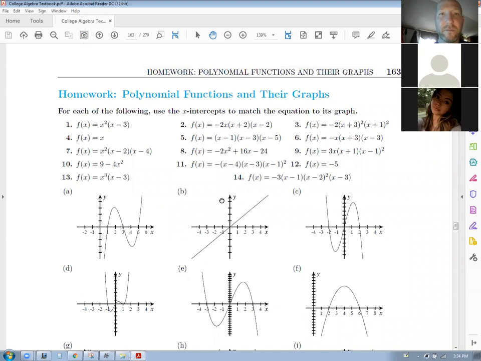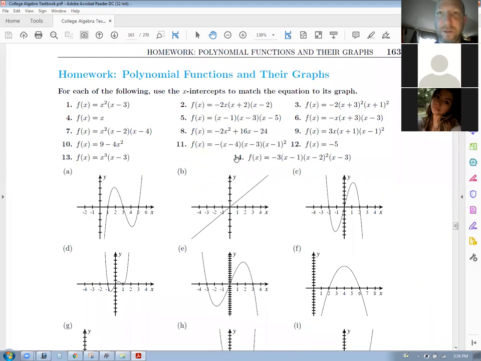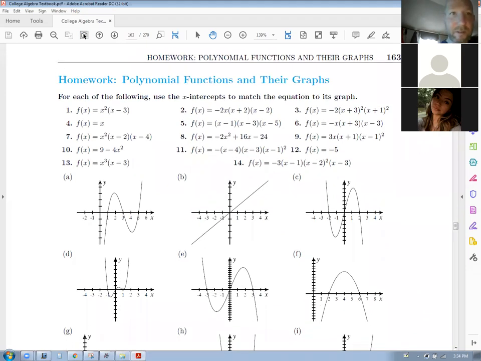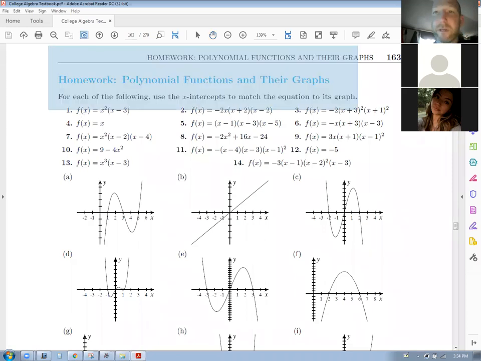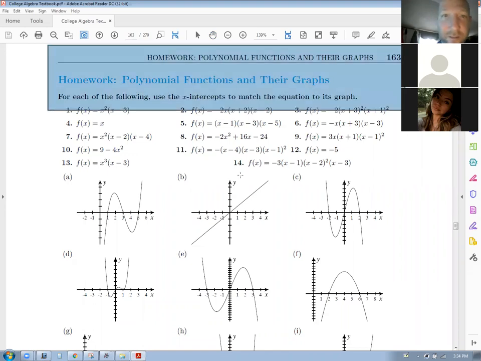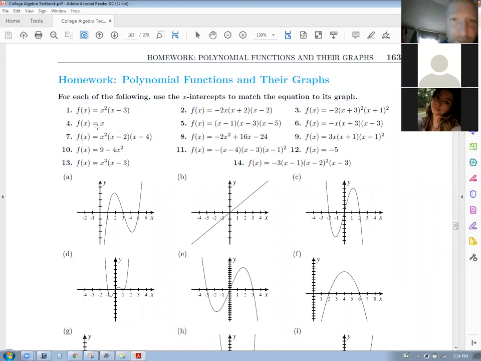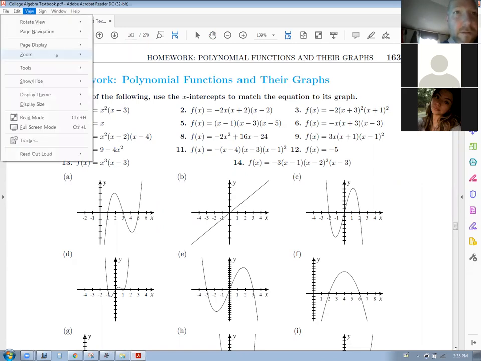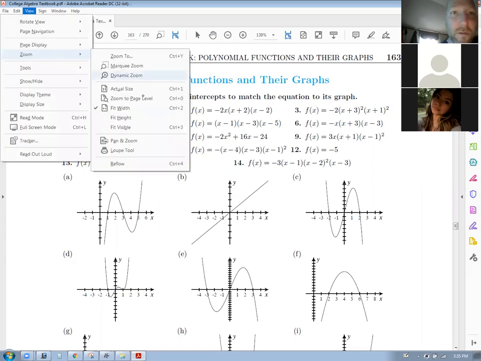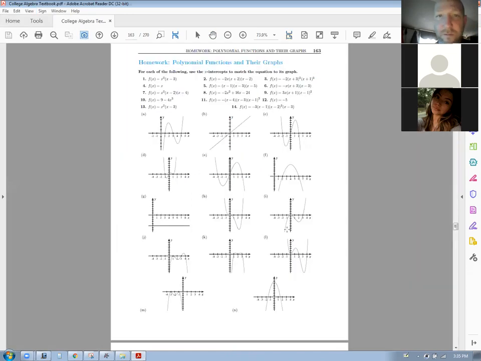There we go. Homework, polynomial functions and their graphs. So let's look at these. Okay, we're going to match this. So let's see if I can see the whole page here.